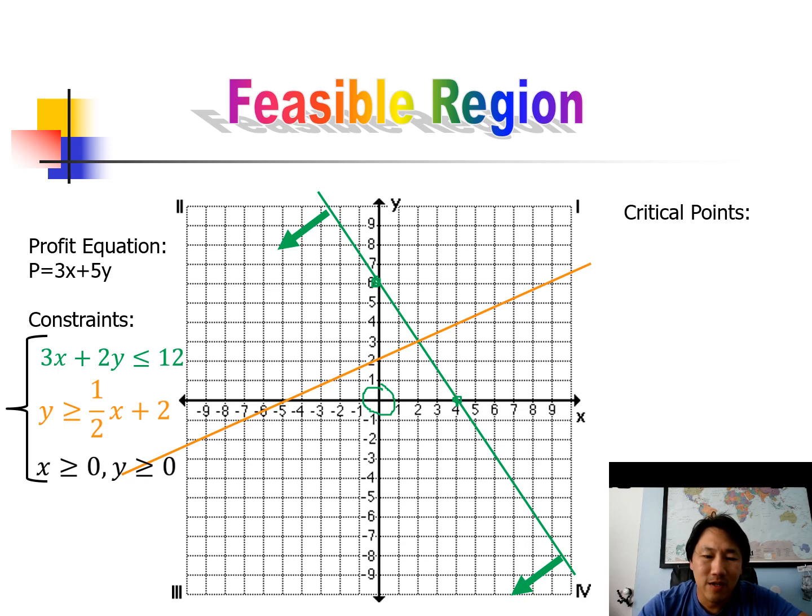I have 0 is greater than or equal to 2, and that is not true, so do not shade over the (0, 0). Instead, you're going to shade away from the (0, 0). So far our overlapping, because that's the feasible region where all of the graphs overlap, is all in here.